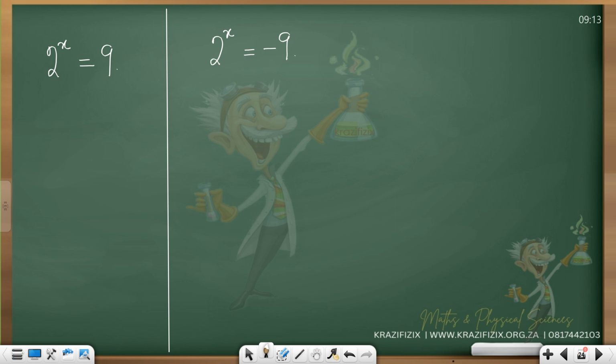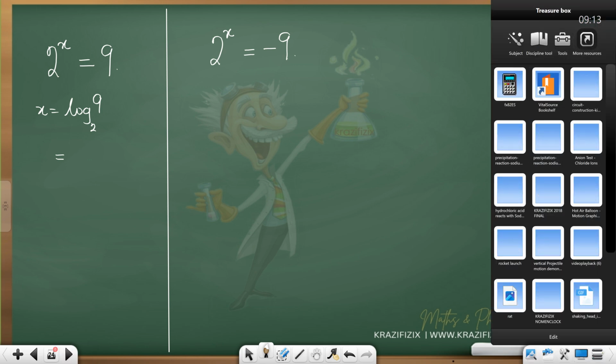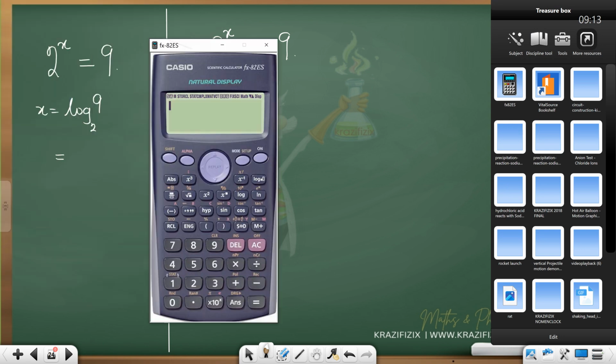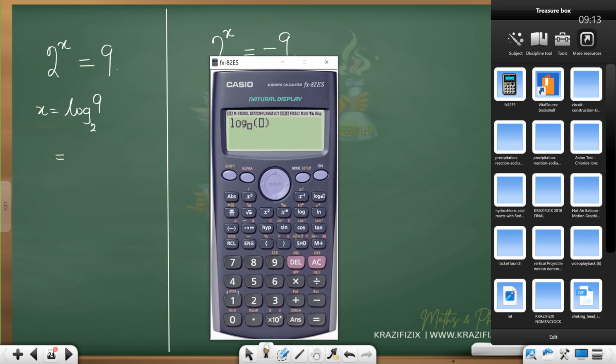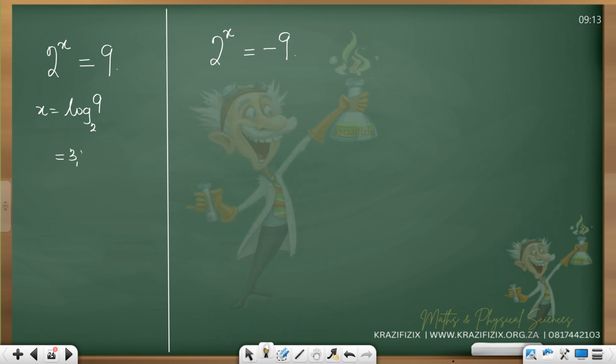Oh, you guys are good there. Let me check if you guys are correct. X equals to log. I like this one, so I'll use this one. Just one log. All right. We go into our calculator quickly. And we have that log. The base is 2 and my number itself is 9. Oh, 3,1699. Beautiful. 3,17. Lovely.